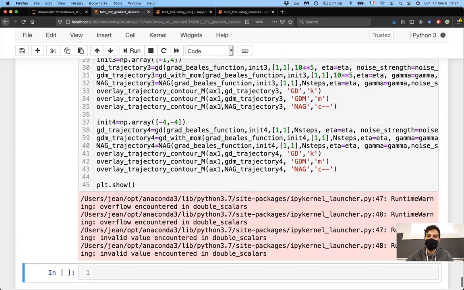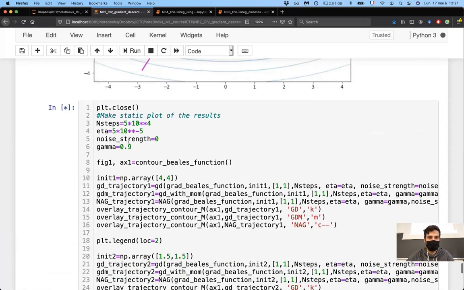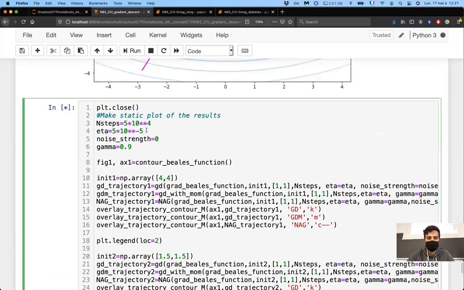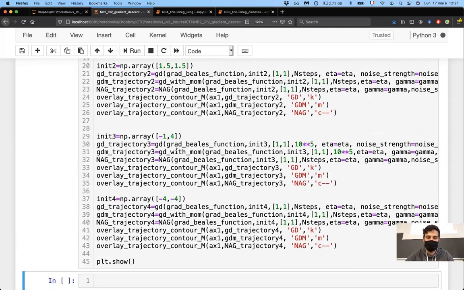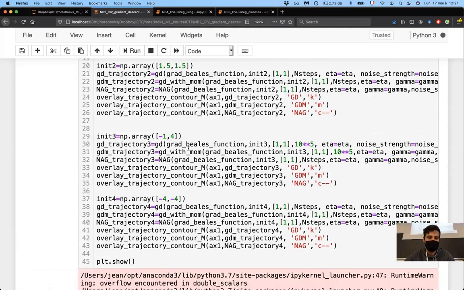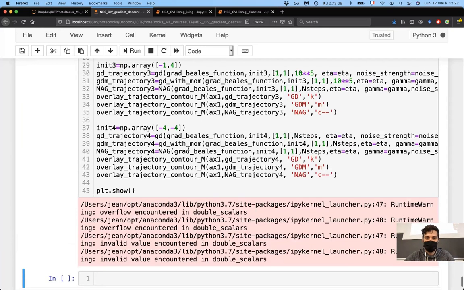So it's super sensitive to the learning rate. Let's decrease again the learning rate and put more momentum to see what happens. So you see all that is very sensitive to the parameters you are using.